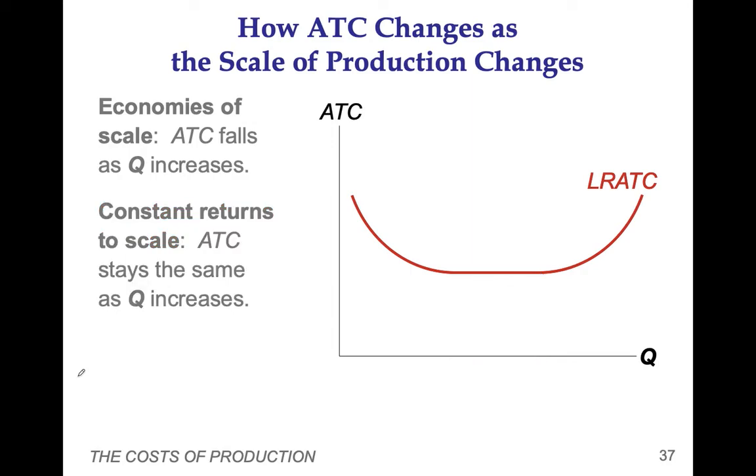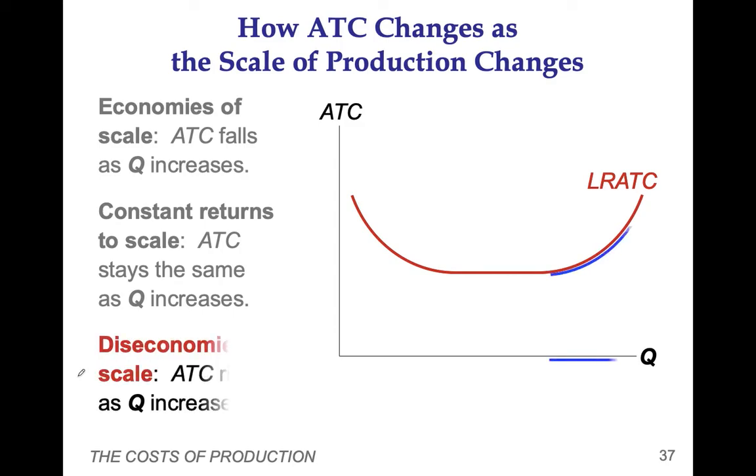And then after a certain level of production, as the firm increases its output, the average total cost rises. This phase is called the phase of diseconomies of scale. So here we defined economies of scale, diseconomies of scale, and constant returns to scale.